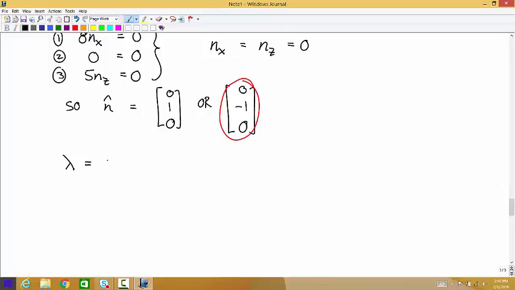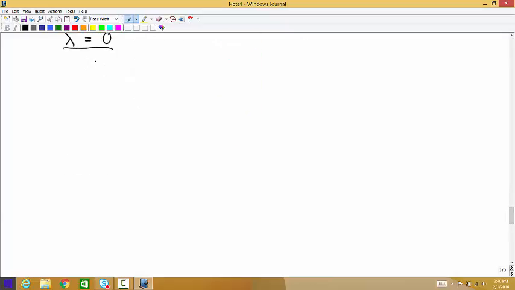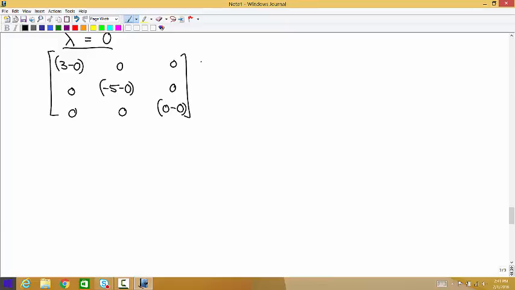So lambda is equal to 0. And so you have 3 minus 0, -5 minus 0, and 0 minus 0, times nx, ny, nz, is equal to zeros.